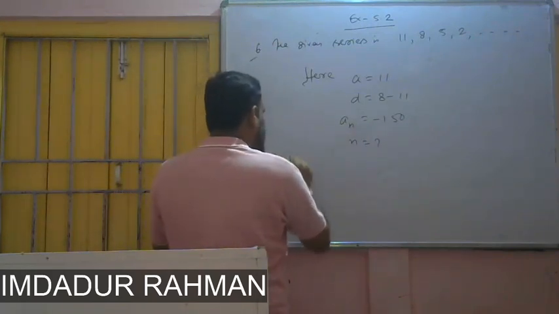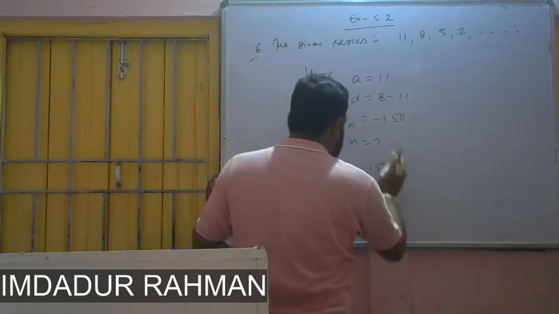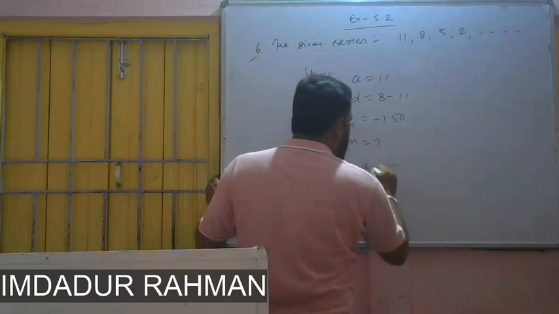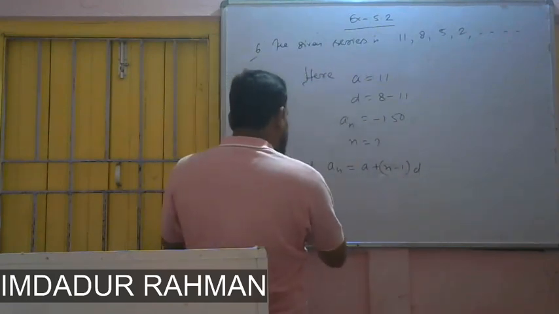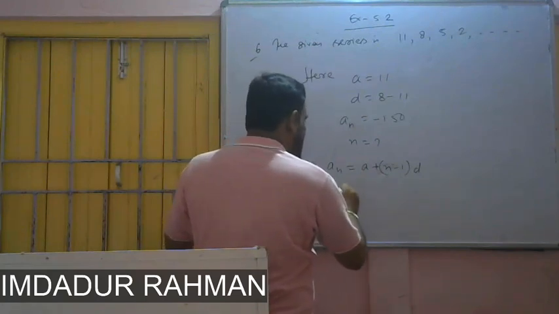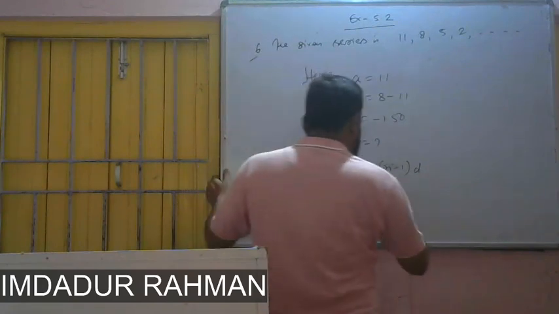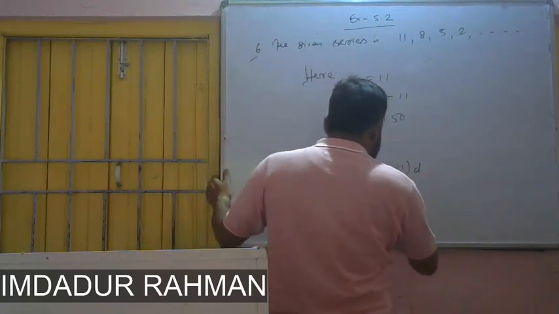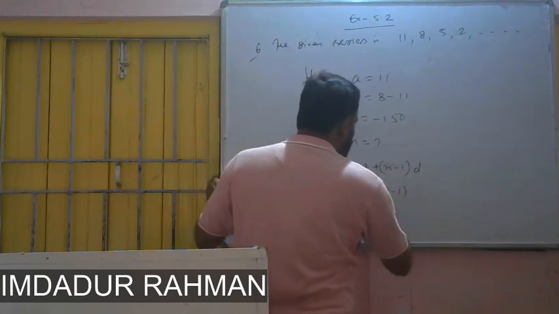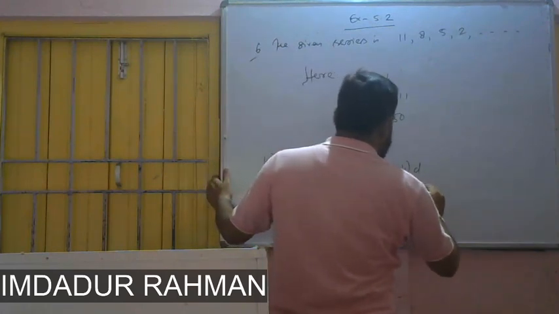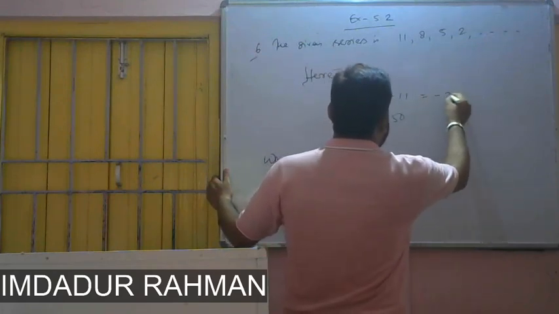We have a_n is equal to minus 150. a_n is equal to a plus (n minus 1) into d. In this, we will put minus 150 is equal to, what is the value of a? 11, plus (n minus 1), where n we don't know, into d. D is how much? Minus 3.